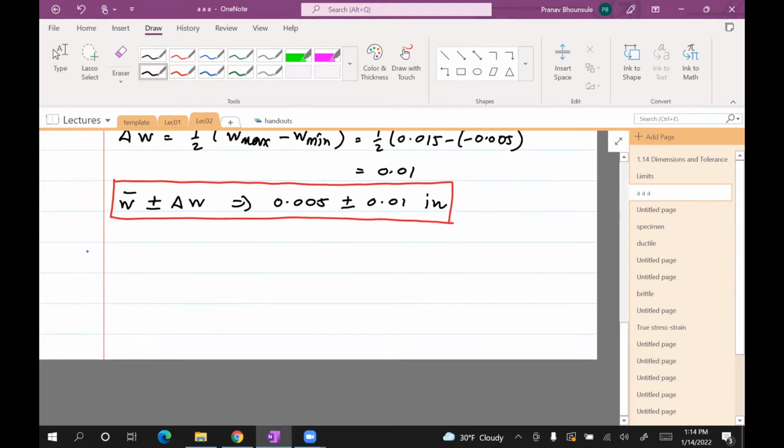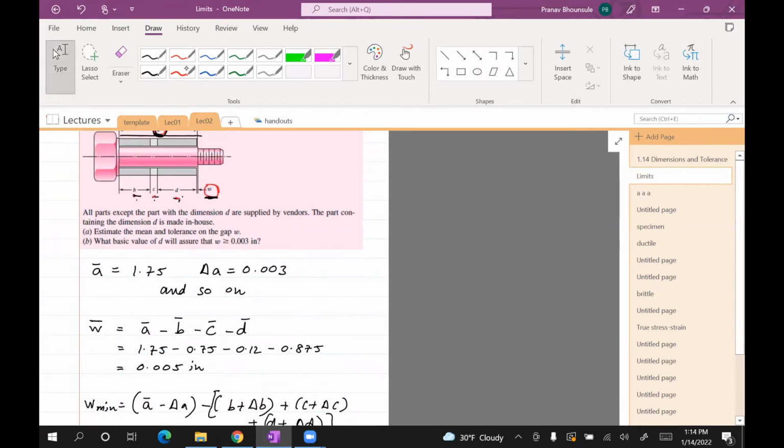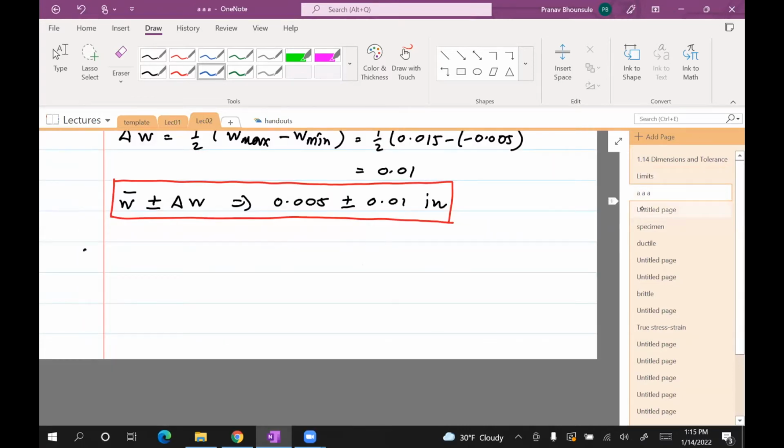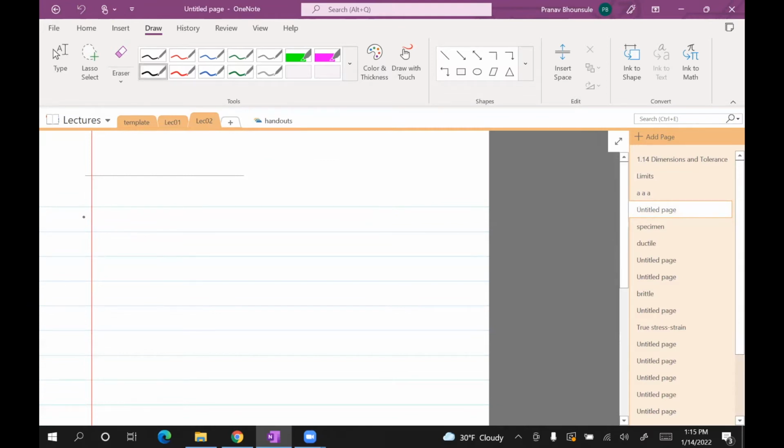Okay. And so then we are asked to find what is the basic value of D if W is greater than 0.003. So we want to find D when we're given some information about W. Let's do that. In this case, W has to be greater than 0.003.